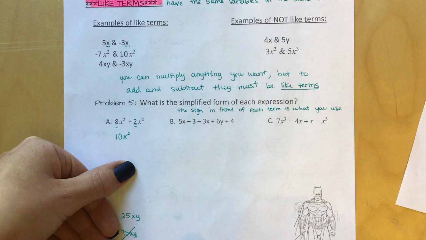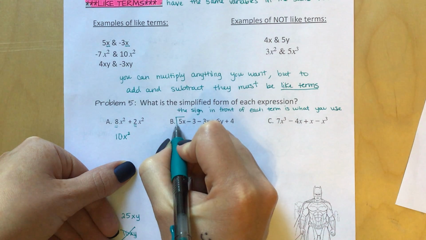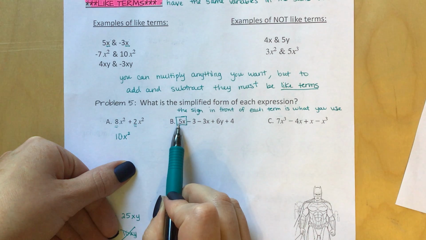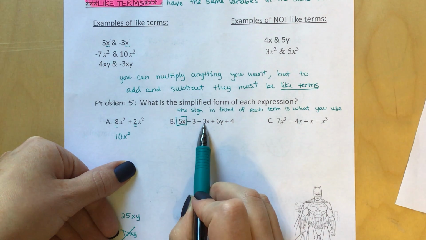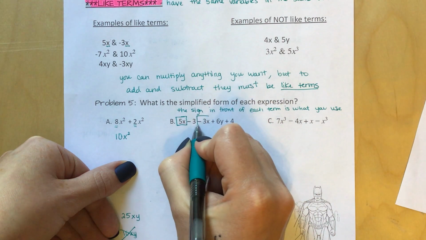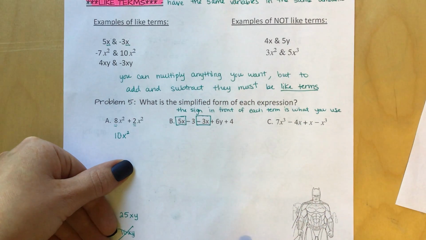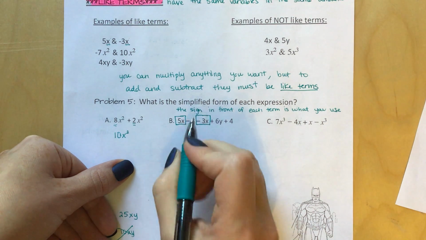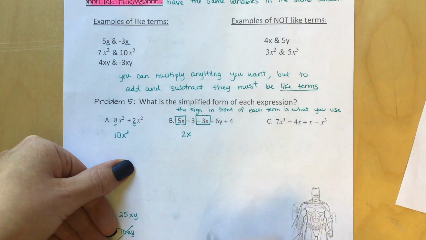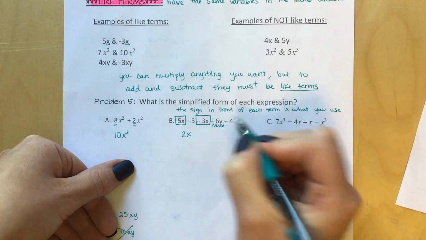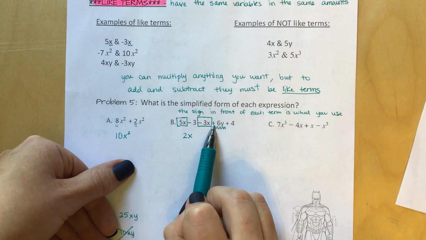Okay, so I'll just start with x's. I have 5x. It's positive because I don't see anything, so that's positive 5x. And then 3x. Notice there's a minus sign right here, so I'm going to include the sign that is in front of it. 5x minus 3x gets me 2x. Okay, now I'm going to look at my y's. Well, here's positive 6y.